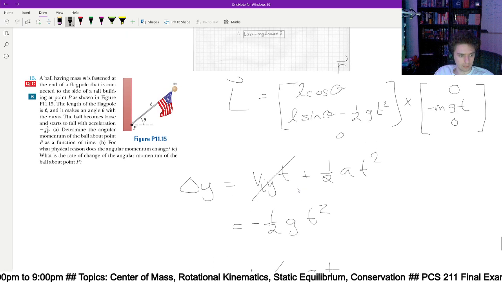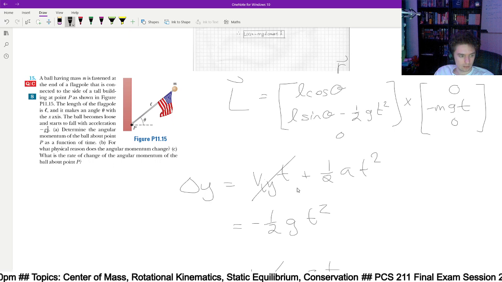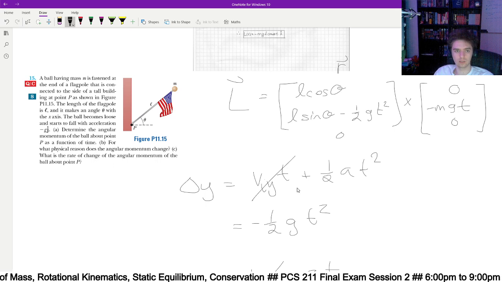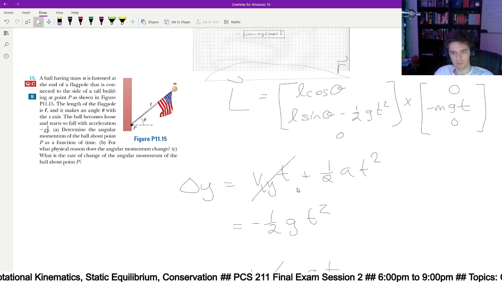Is that what they did here? Looks like they just called it different letters, but yeah. Okay, so let's try it. Let me just copy this.